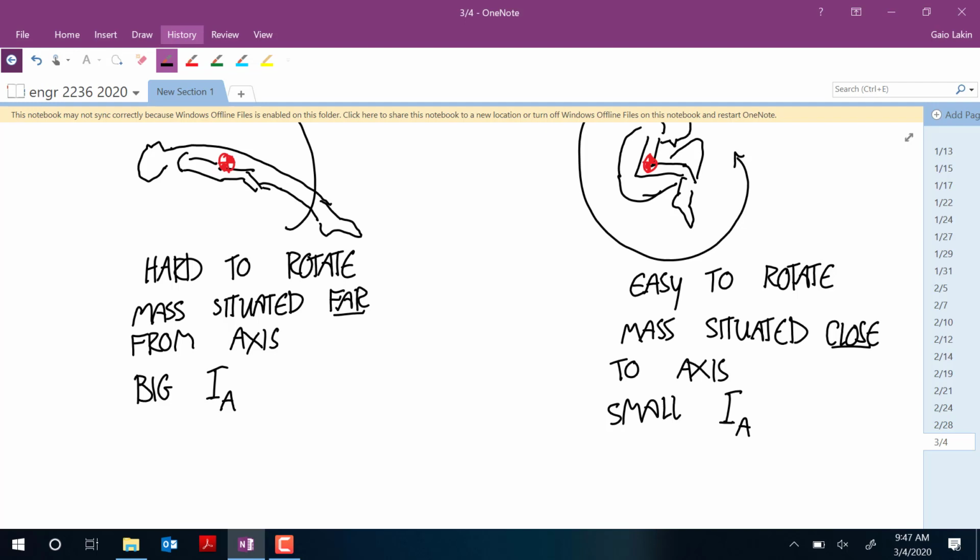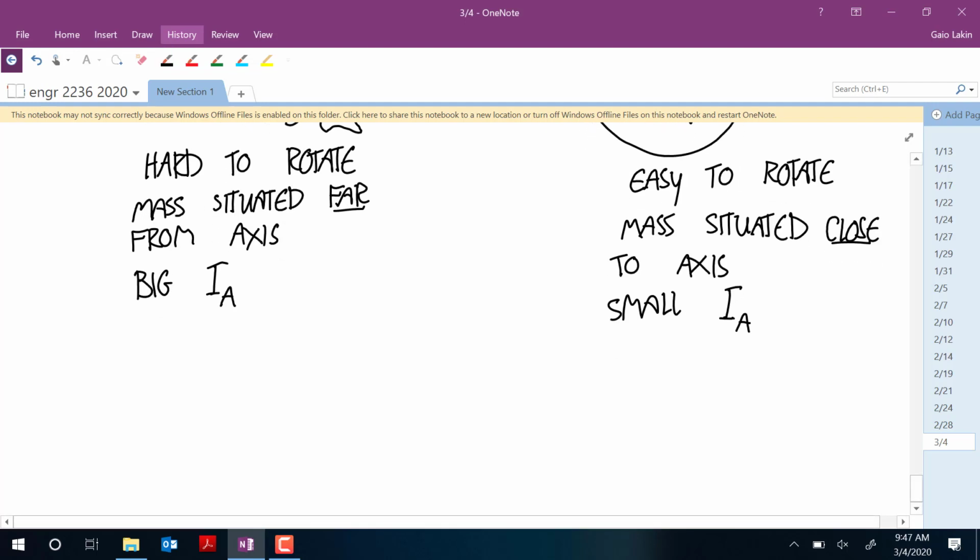Okay, so now mass moment of inertia also has an integral definition. And just like with centroid, I'm going to give it to you. I'll do one derivation, but mostly you're just going to use formulas for simple shapes.